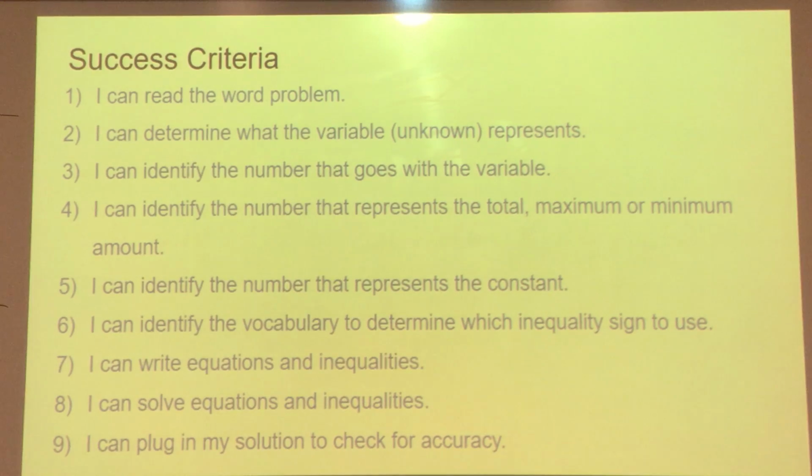We need to be able to identify the number that represents the constant. We need to be able to identify the vocabulary to determine which inequality sign to use. And then we need to be able to write equations and inequalities, solve equations and inequalities, and then plug our solution back into the original problem to check for accuracy.